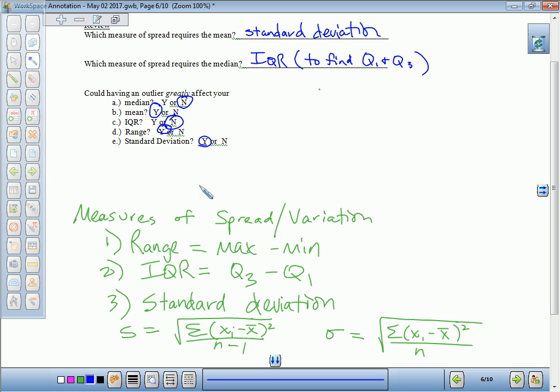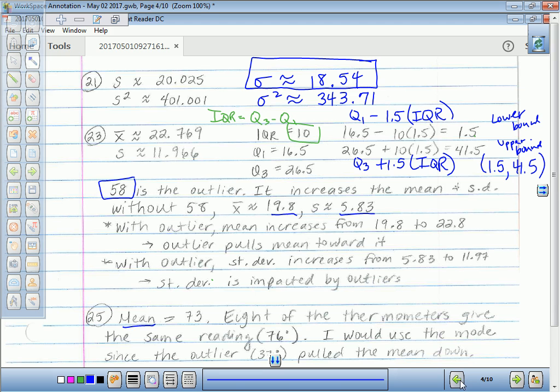That's why you saw on that problem 23, the one about the football scores, when we threw out that outlier of 158, these numbers looked much better. They looked like the rest of the data. That 158 threw them way off.